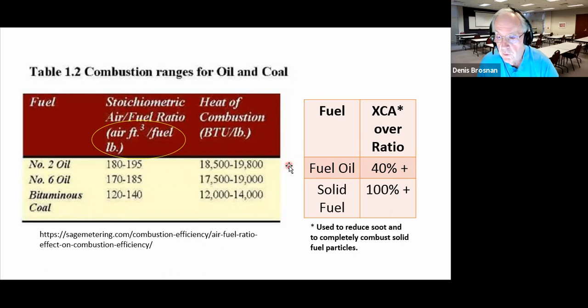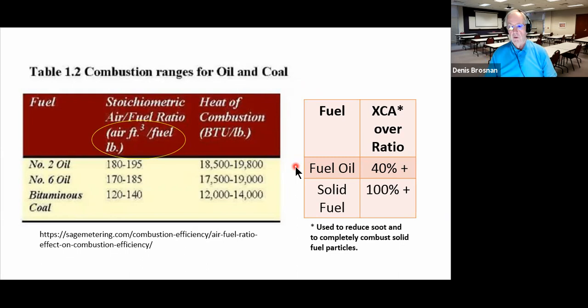Typically with fuel oils, we'll use excess air, perhaps in the 40% range or thereabouts. Whereas remember with natural gas, we're around 10% excess air. Now we're up higher percent excess air with fuel oil, and the main reason is we're trying to burn all the oil and prevent soot.